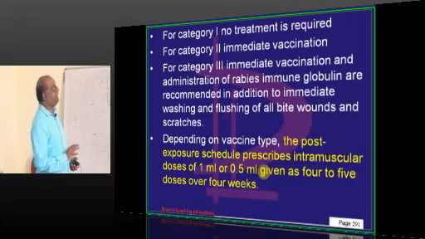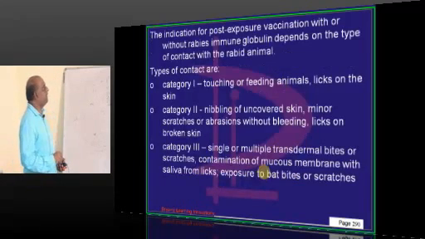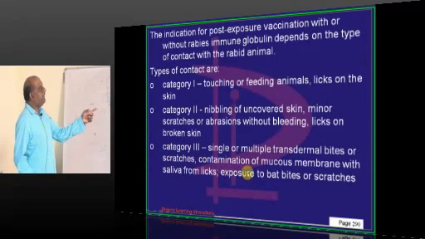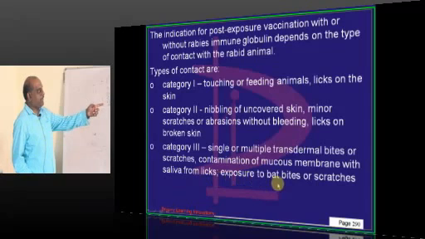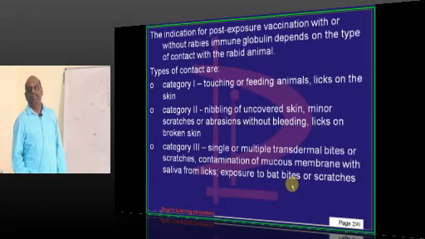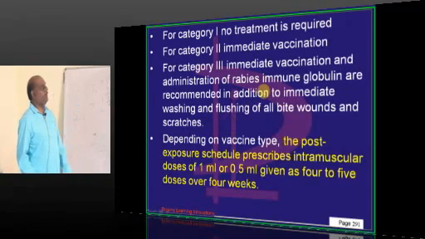For category 1 no treatment is needed, for 2 immediate vaccination, and for category 3 means what? Typically whenever there is any contamination of mucous membrane with saliva from licks, and exposure to bat bites etc., they come under category 3. There you also need to give rabies immunoglobulin.